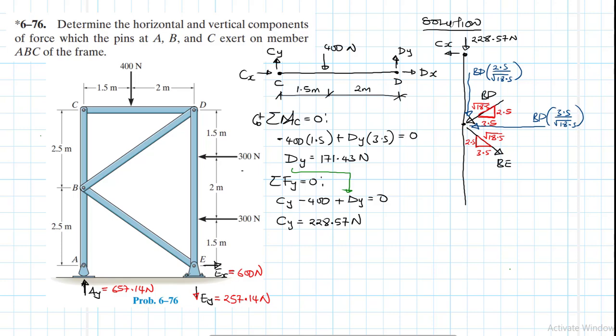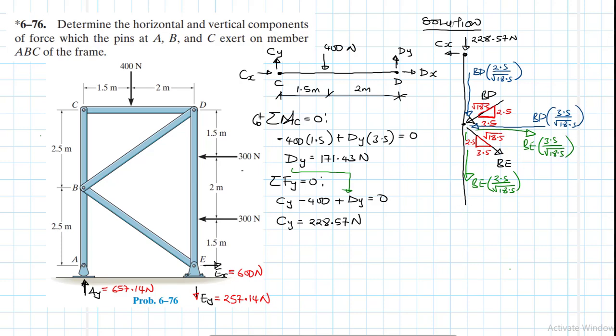Then we have another component, which color do I use? Green. Okay, like this, and then like that. So this one is BE by 2.5 divided by root of 18.5, and then this one is BE by 3.5 divided by root of 18.5.